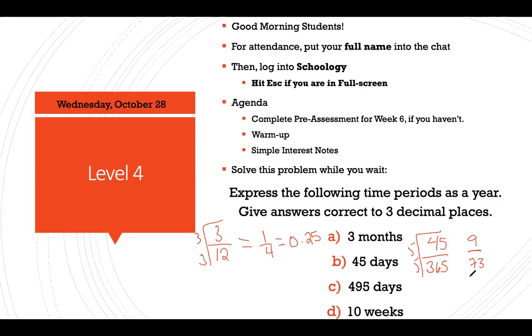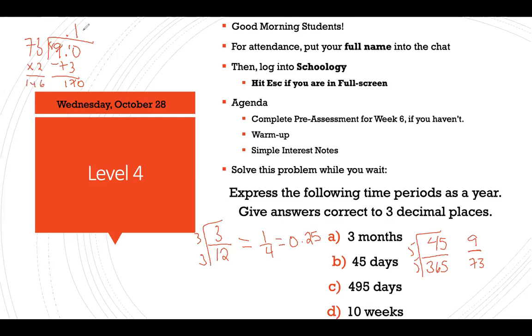Okay, and I can turn that into a decimal by dividing the denominator into the numerator. I'll do that over here. So I'll do 73 into 9, which I can't do. I'll just make it 90. And I just start my division process. 73 times 1 is all I'm going to be able to do here.